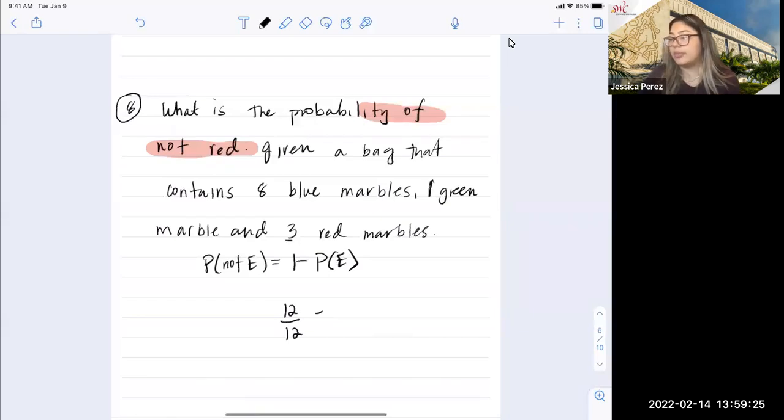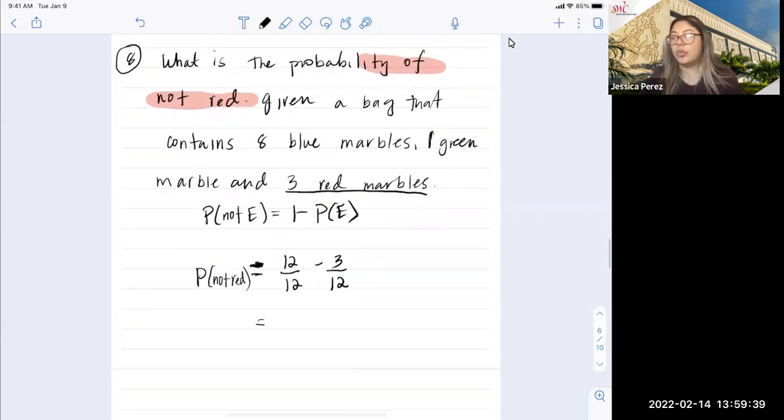How many red marbles do we have? We have 3, so 3 out of 12. This is the probability of not red. The 1 became 12 out of 12 because that's our sample space. We have 12 marbles in total. So we get 9 out of 12.